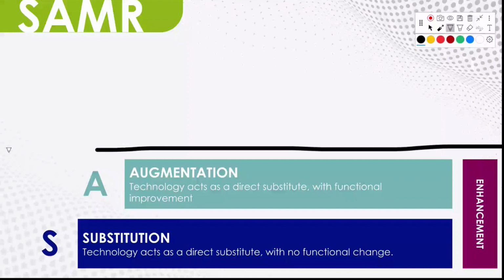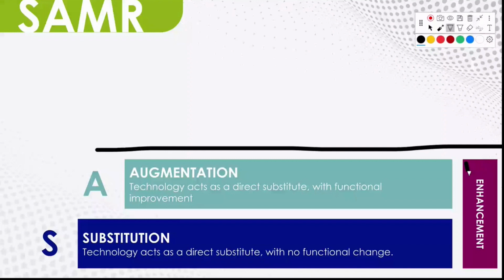We're substituting, and we've got some augmentation happening from time to time, so we are enhancing our teaching practice. It's very important to understand, because this is where SAMR can also go wrong. Enhancement is a good thing. If you are doing this, that is great. That's not saying that you're not doing what you're supposed to be doing.